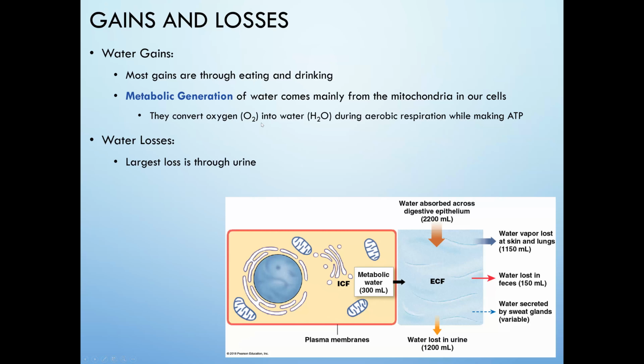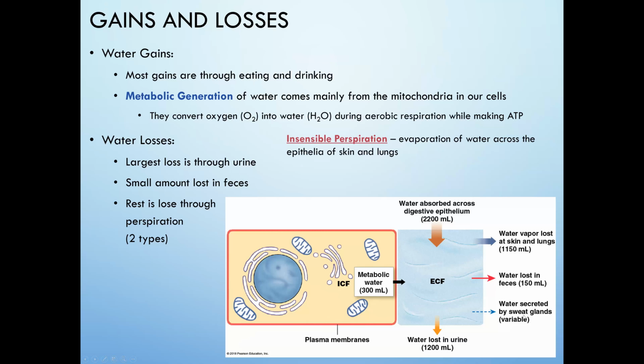So for water losses, the largest loss is through the urine, about 1,200 milliliters per day. A very small amount is normally lost in the feces, typically only about 150 milliliters per day. The rest is lost through perspiration, and there are two types. There is insensible perspiration, which we can't control.